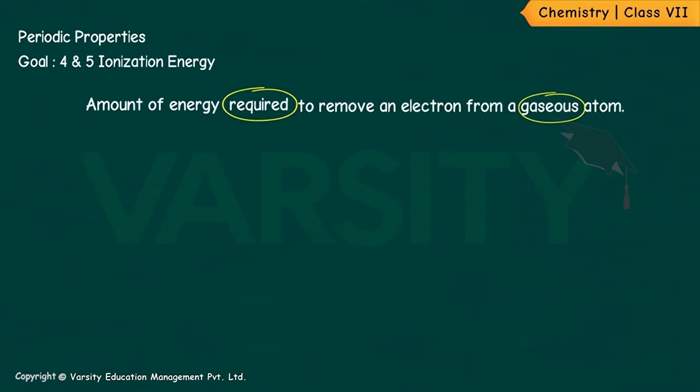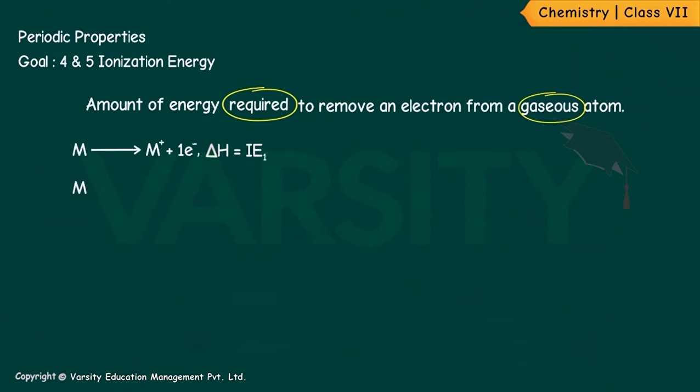In simple words, if you take a metal and an electron is being removed from this, we get M tends to M+ + 1 electron, delta H, which is equal to IE1. This is ionization energy.